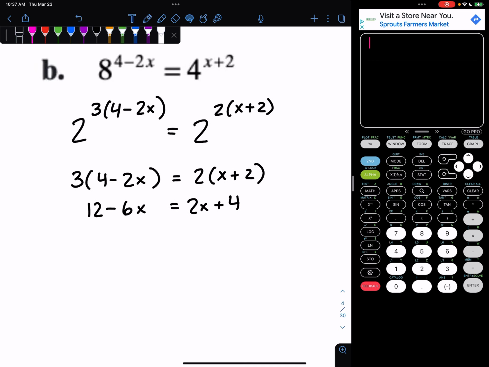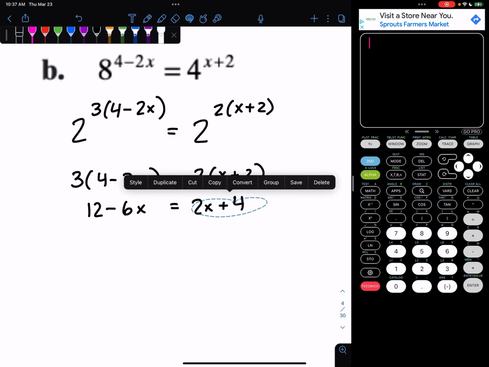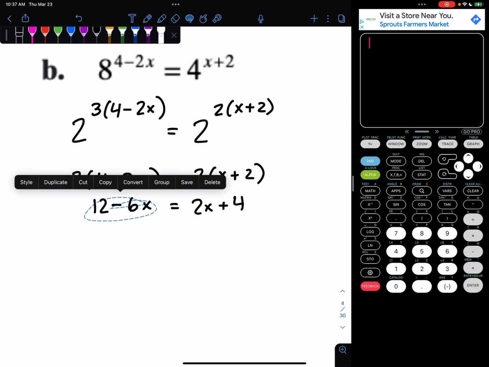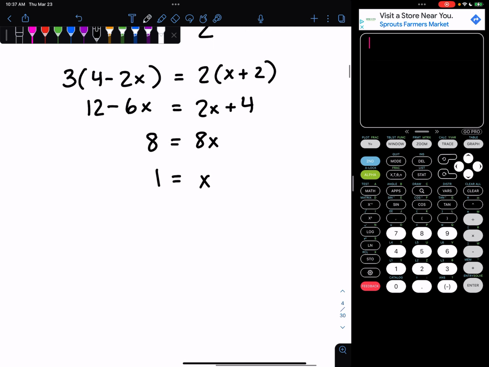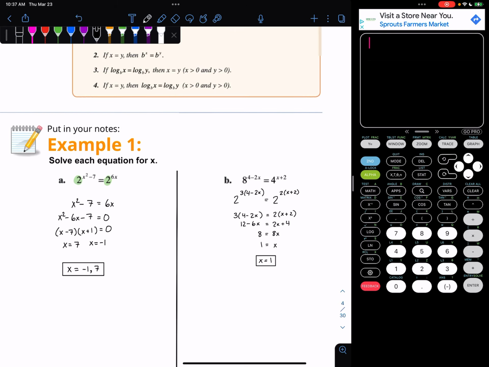Make sure all my like terms are on one side versus the other. Alright, so I'm going to put 8x over there, move over the 6, move over the 4, should give me an 8. So x is really equal to 1. So I'm going to put x equals 1. And yes, you want to put your variable first. All right, there's the first 2 examples.